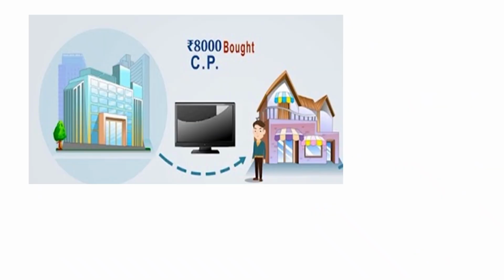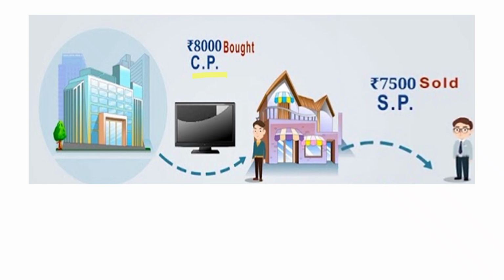Let's see one more example. Here Arjun bought an LCD screen for 8,000 rupees. Bought means it is the cost price. The cost price of the LCD monitor is 8,000 rupees. He sold the same one for 7,500. That means the selling price is 7,500 rupees.